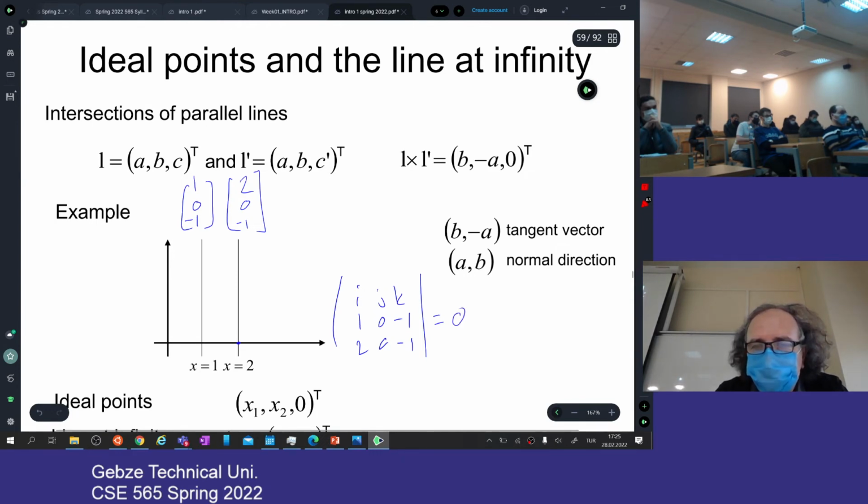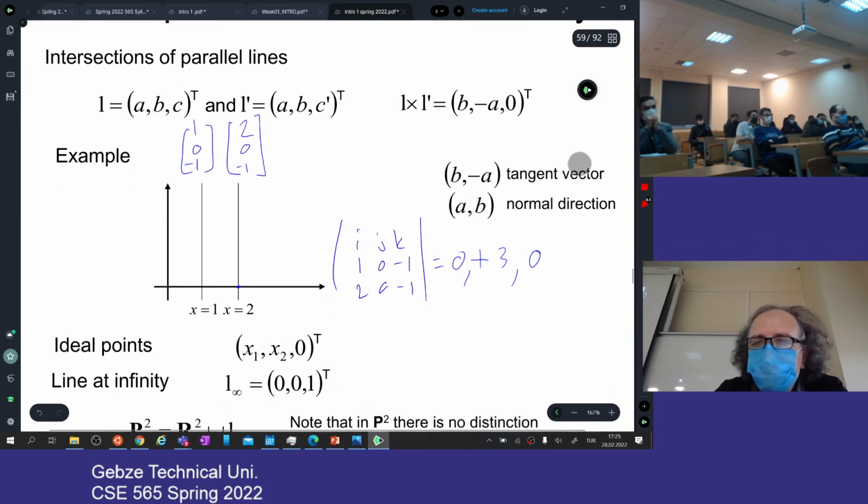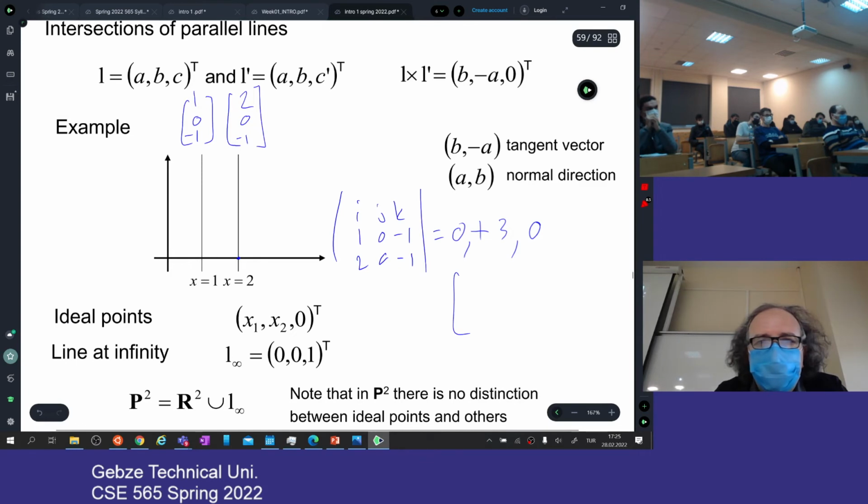Is that correct? Yeah. And then minus, now it is minus 3, right? So it is plus 3. And then the last one is 0. Okay. So the coordinate of the intersection is 0, 3, 0.